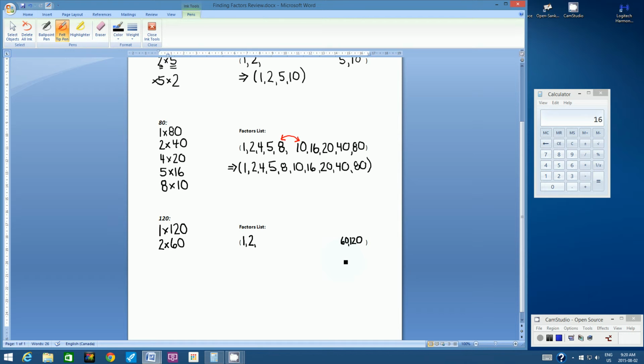So if you answer that 3 does go into 120, well, what's the other number that you have to multiply 3 by to get 120? All right, I got 40. So let's add that to our factors list. I want you to keep going.